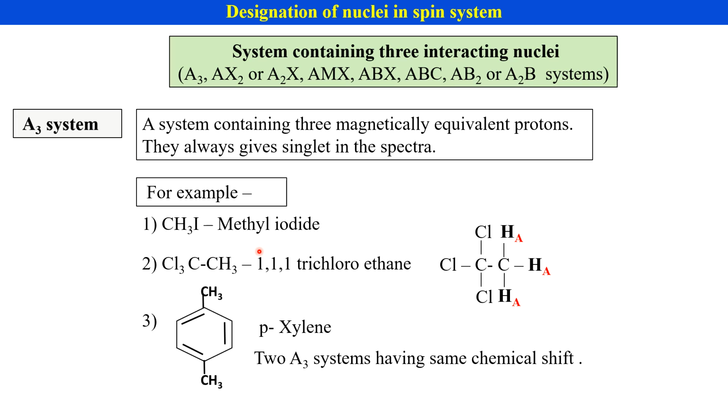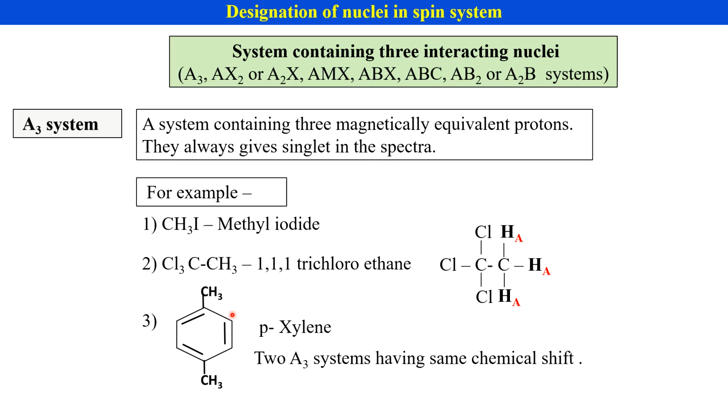For example, methyl iodide exhibits an A3 system, only one type of proton. In case of 1,1,1-trichloroethane, it also exhibits an A3 system. All these three protons are chemically and magnetically equivalent.